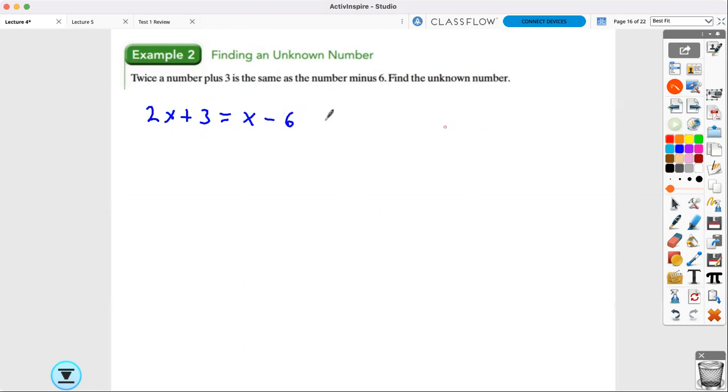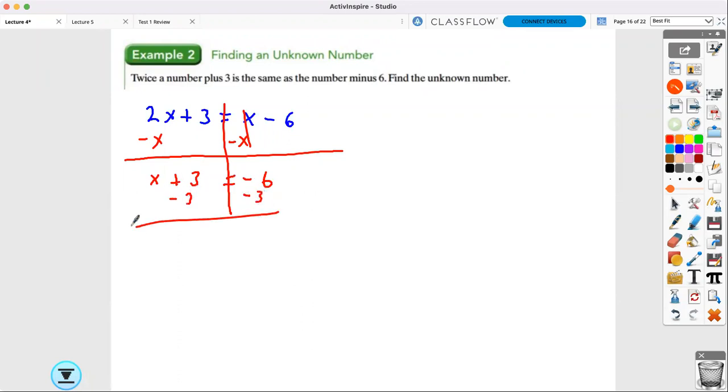So let's go ahead and solve for x. Subtract x on both sides. So then we get 2x take away x, which is x, plus 3 equals x minus 6, so x plus 3 equals -6. Subtract 3 on both sides. So then we get x equals -9. And we're done.